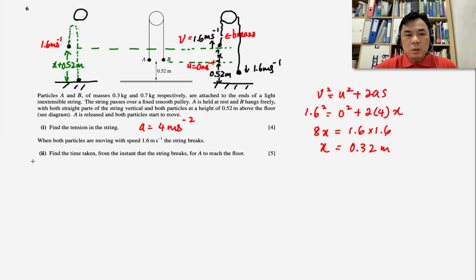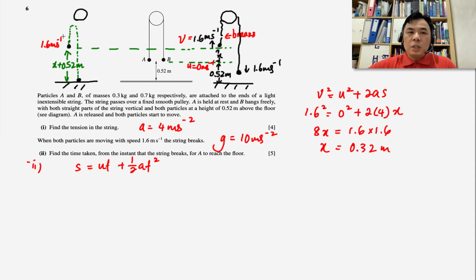We are going to use S equals ut plus half at squared. But once the string has broken, the object will fall under gravity. So the only acceleration that the object is experiencing is just gravitational acceleration, which is g as 10 meters per second squared.